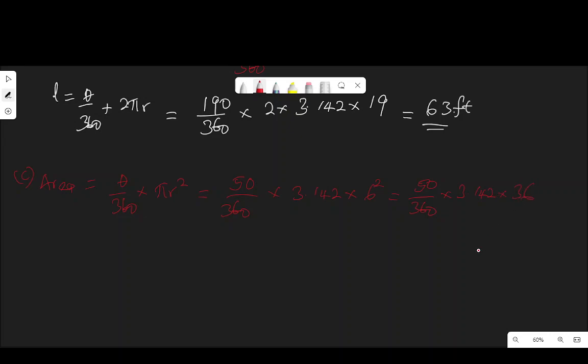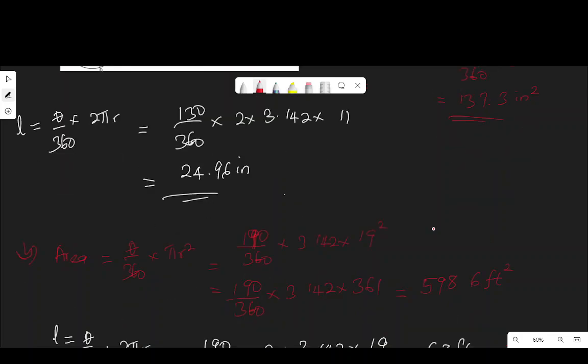Let's plug that into the calculator. 50 times 3.142 times 36, then divided by 360, that's 15.7 approximately. And what was the unit?